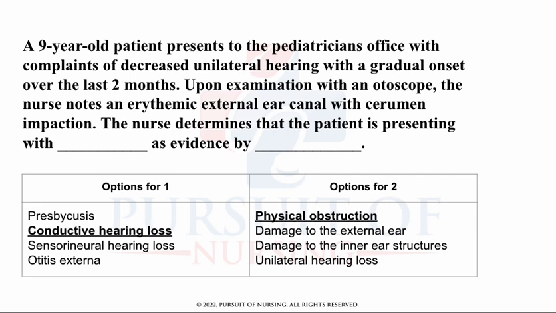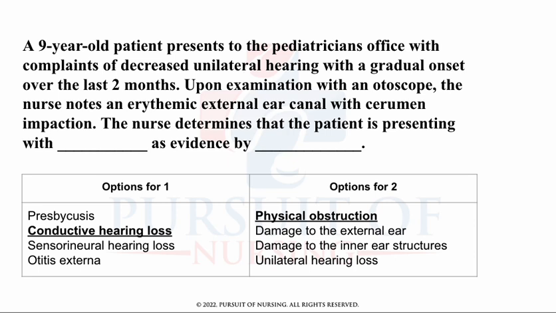Okay, so this is testing the basics. The question wants you to recognize the difference between conductive hearing loss and sensorineural hearing loss and be able to pick up on those. So this patient is presenting with conductive hearing loss. There's a physical obstruction of cerumen impaction that is causing decreased hearing on that side.